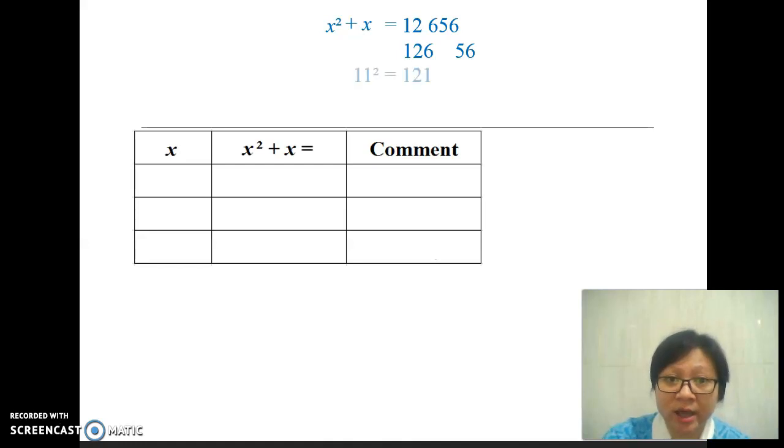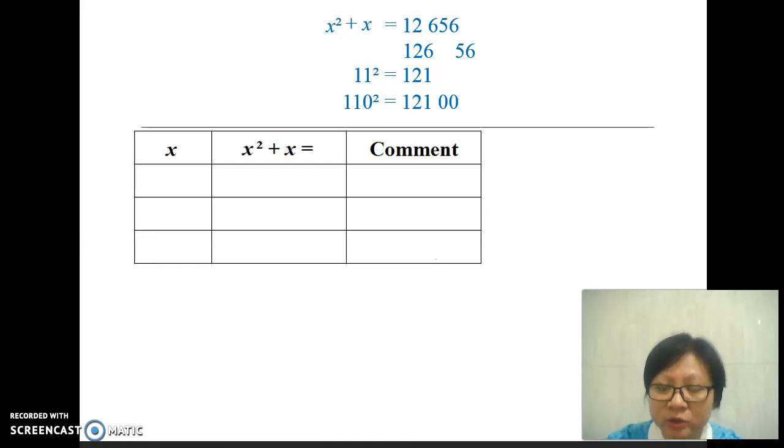It's x squared. So x squared equals 121. And then add 0 to the number, so it becomes 110 squared is equal to 12,100. Okay, you now get your last two digits back.